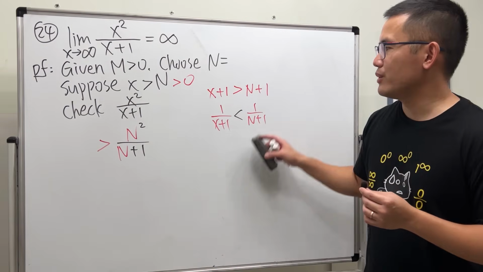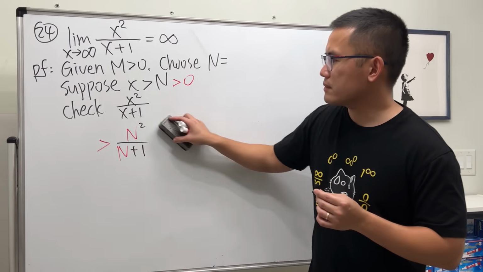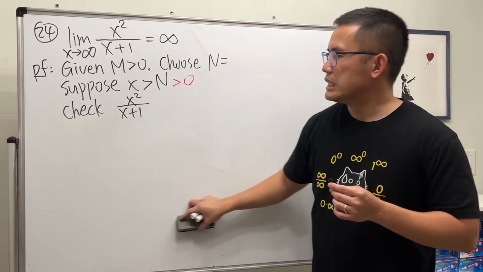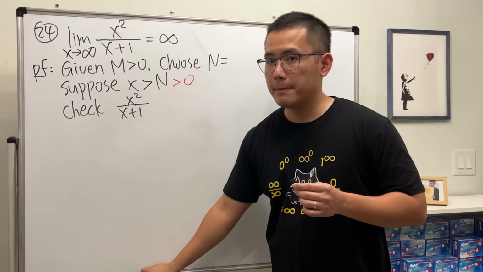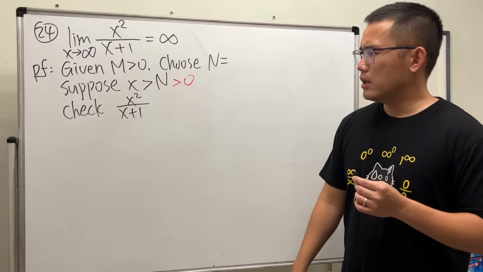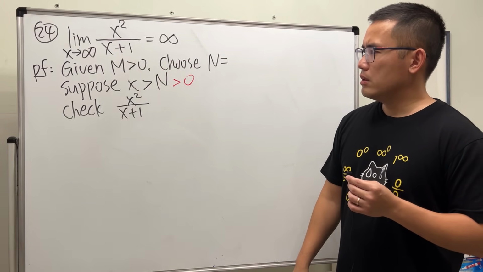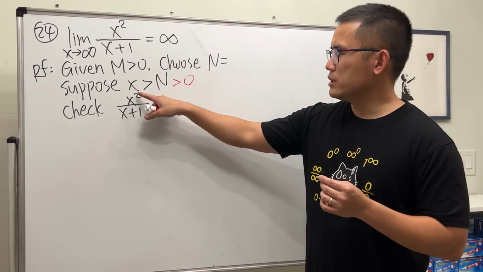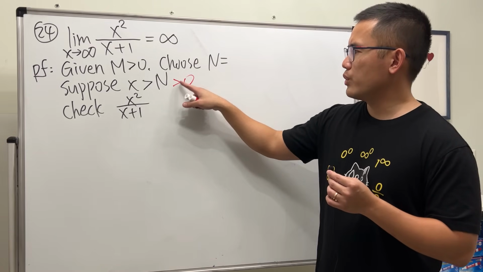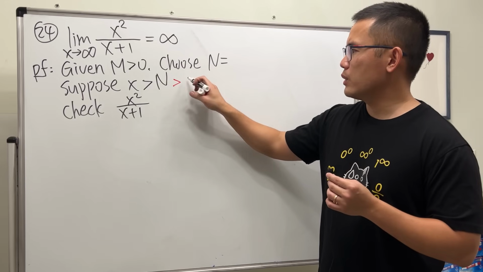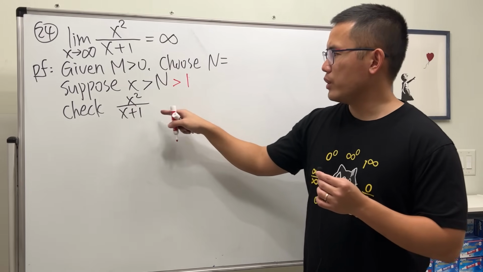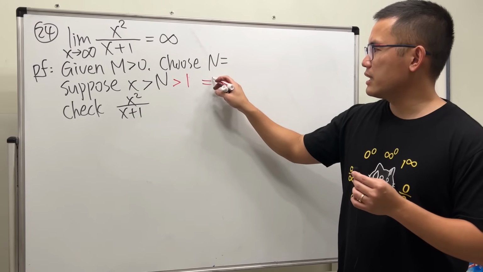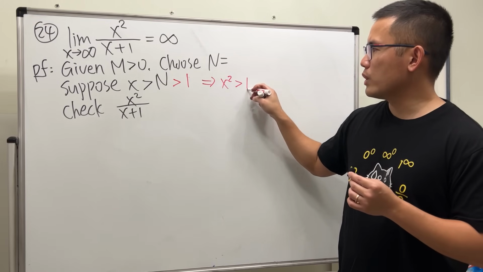So, no. So, what should we do? Let's see. Earlier we said that x is greater than n, greater than 0. But what if we replace that with 1? And then we see that this is x squared. Of course, that will imply that x squared is greater than 1 squared.